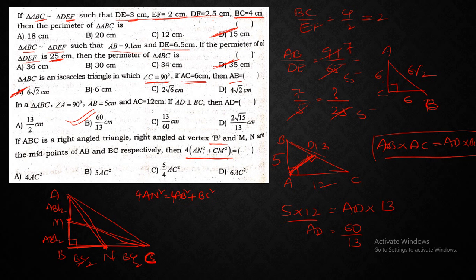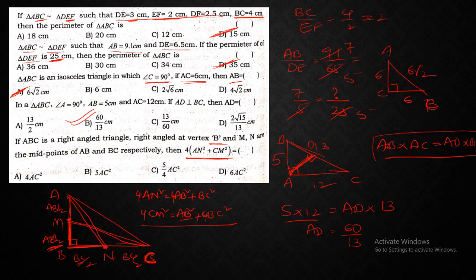The same way for CM square, CM square is equal to AB square by 4, because AB by 2, plus BC square. Now on taking LCM, this becomes by 4, and if I transpose this 4, it becomes 4 times of CM square.